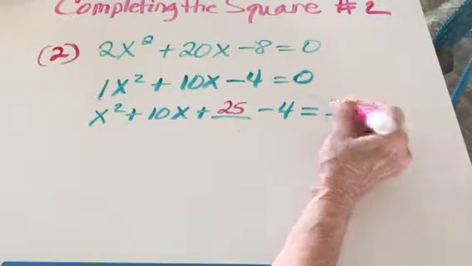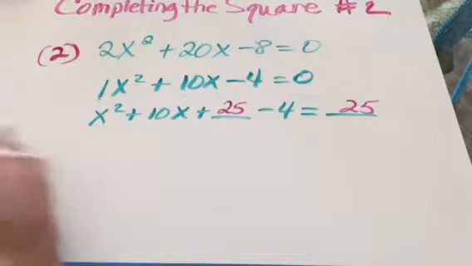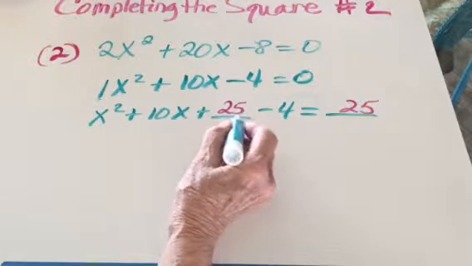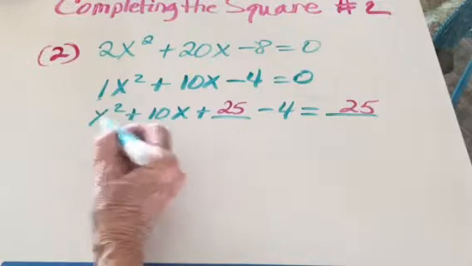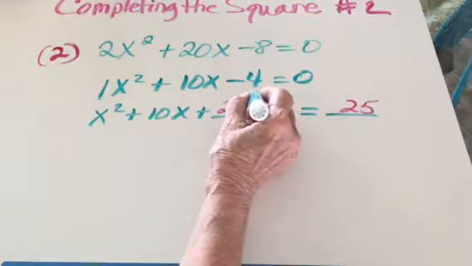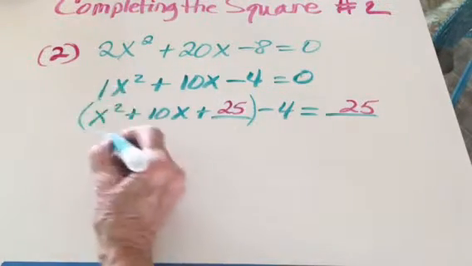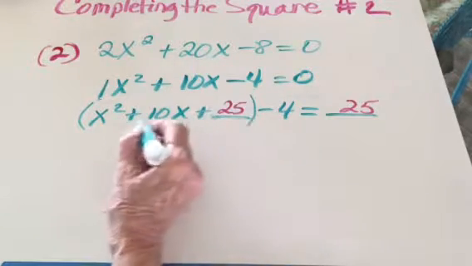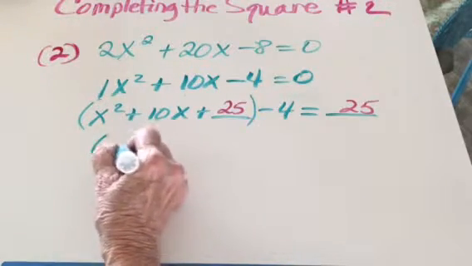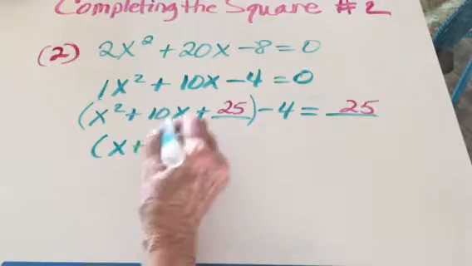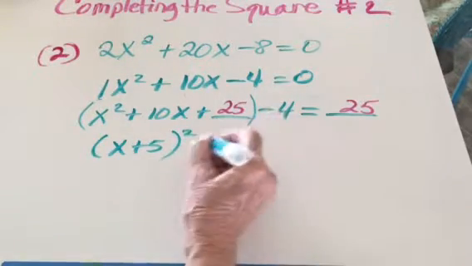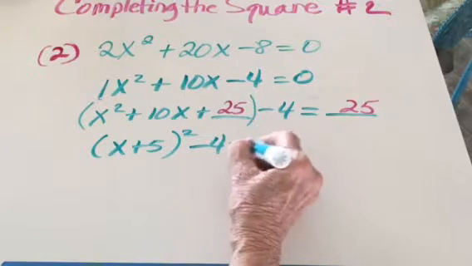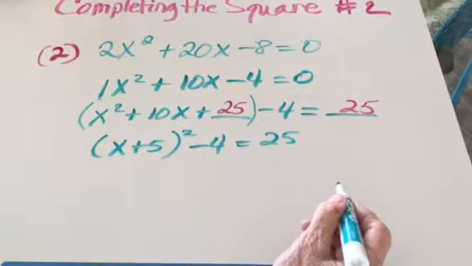So I'm adding 25 to both sides. All right, now I can go ahead and factor this. I'm just going to factor this little part, guys, okay? So x plus 5 times x plus 5 equals x plus 5 squared minus 4 equals 25.